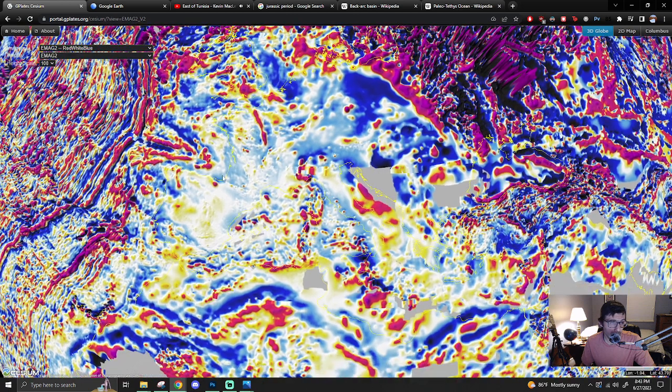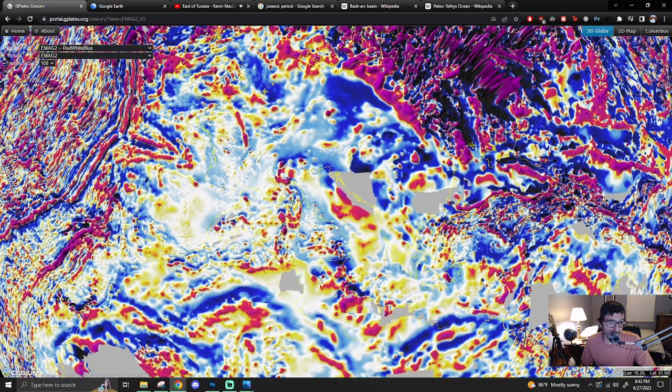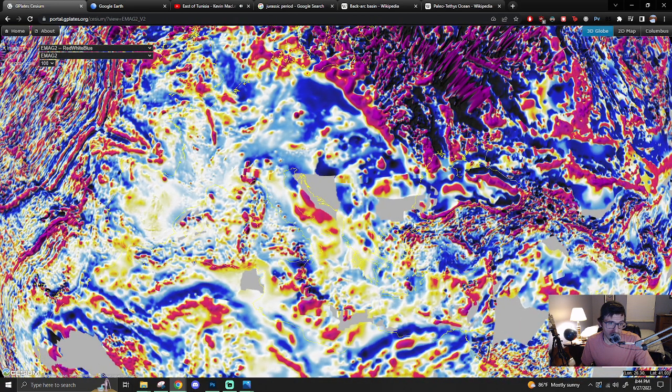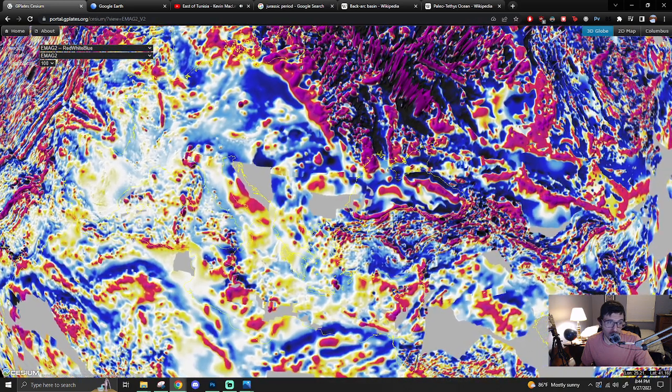the Iberian Peninsula and pretty much through to northern.